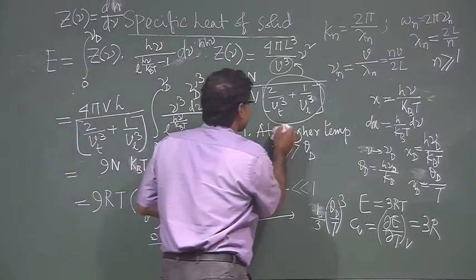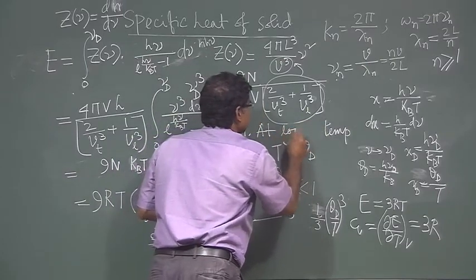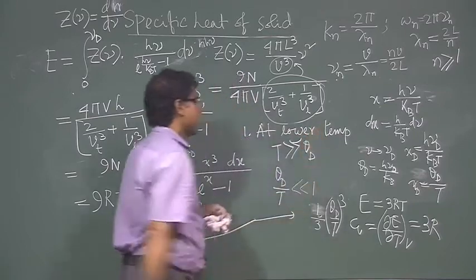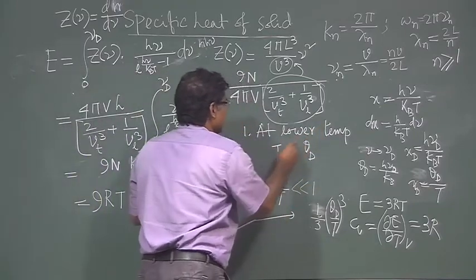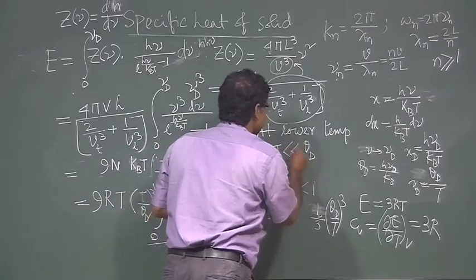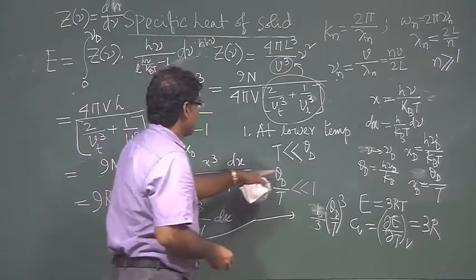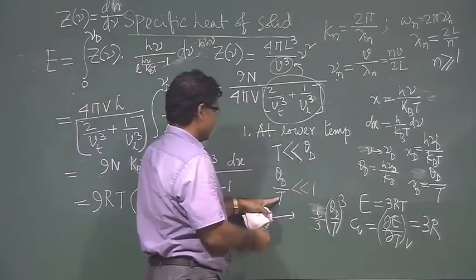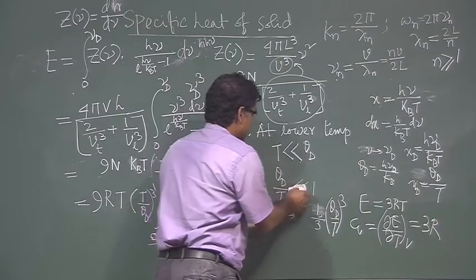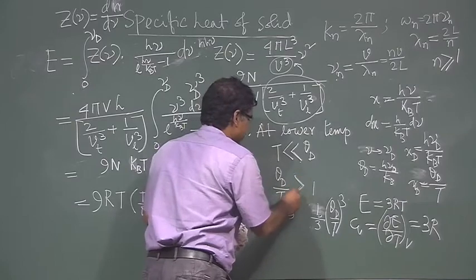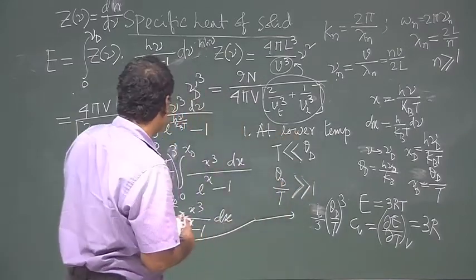So, at lower temperature, that means T is very much smaller than theta D. So that means theta D by T is very much greater than 1.